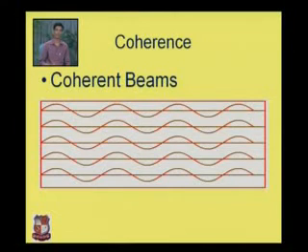If the phase difference between the two waves remains constant, such waves are known as coherent waves. In simple language, coherent beams are similar beams. In all the patterns, all the waves are similar, so such waves are known as similar or coherent beams.